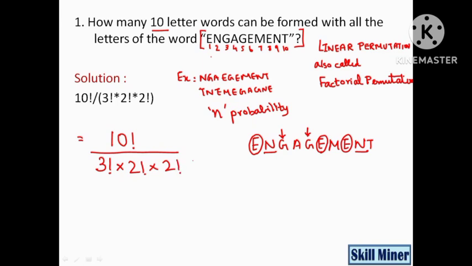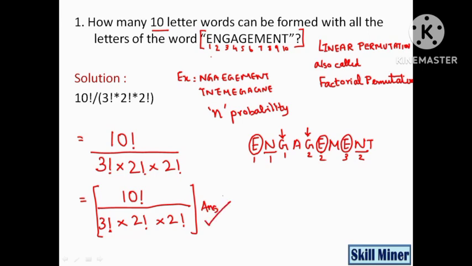So the numerator is the total number of letters, 10 factorial, divided by the product of factorials of the repeating letters: 3 factorial into 2 factorial into 2 factorial. This will be our answer.